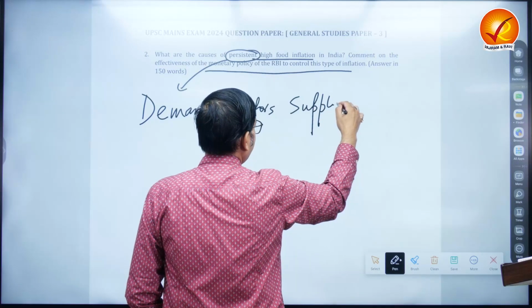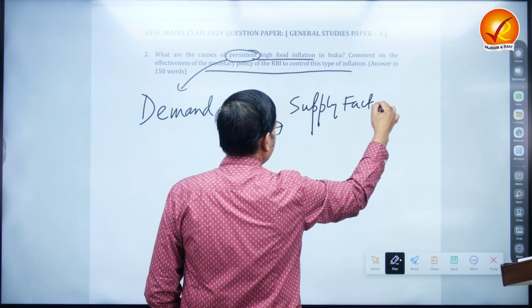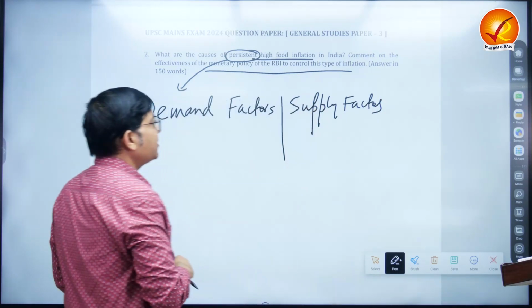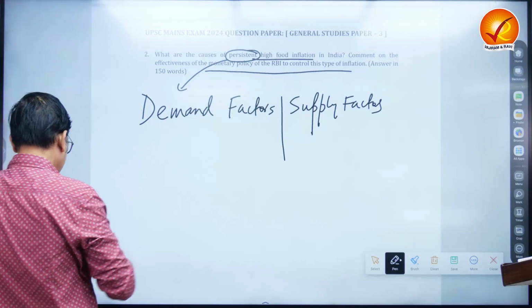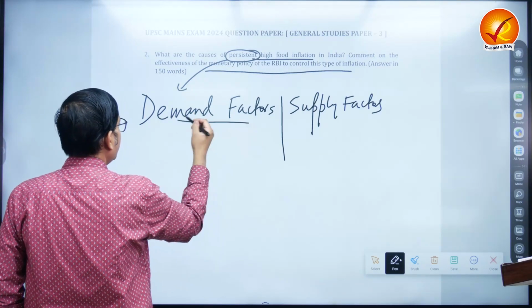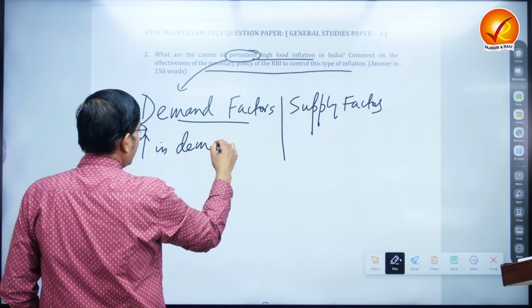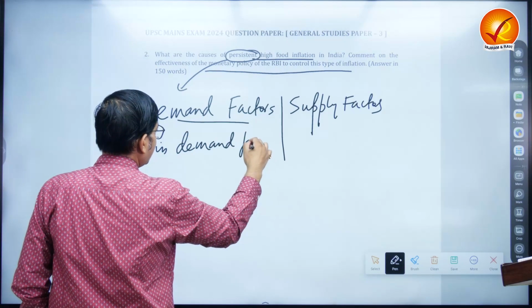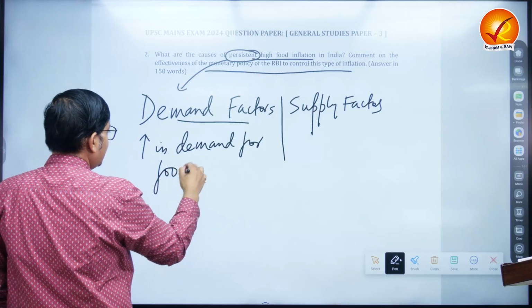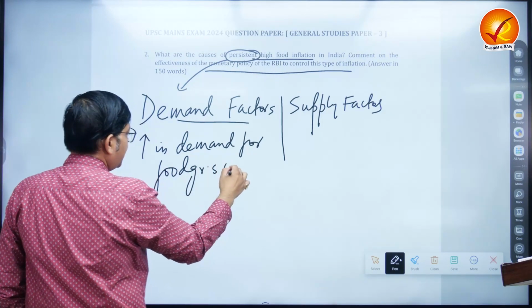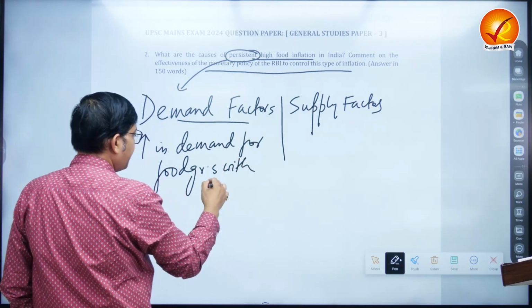Generally in economics, when we look into answering something, we often take up this kind of a fact. Demand factors as in, here you can talk about the increase in demand for food grains with increase in per capita income.